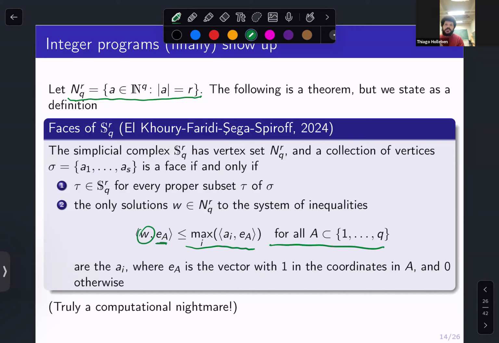So those are the vertices of the simplicial complex. Yes. And if you want to know what's a face, what you do is you look at this side of all of these inequalities, and you want to know that you don't have any extra solution. You only have the ones that you fixed before, like these A_i's.